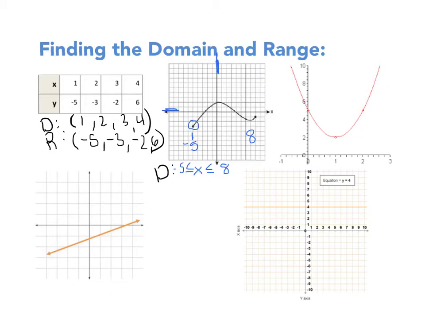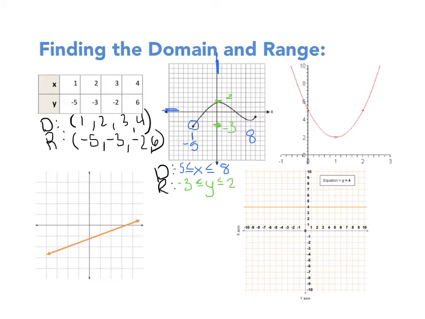And let's look at our y values. So our y values go, for our range, from the lowest point, which is -3, to the highest point, which is +2. So I'm going to write it in pretty much the same way, that y is greater than or equal to -3, but less than or equal to 2.